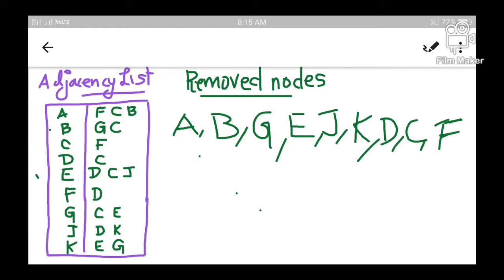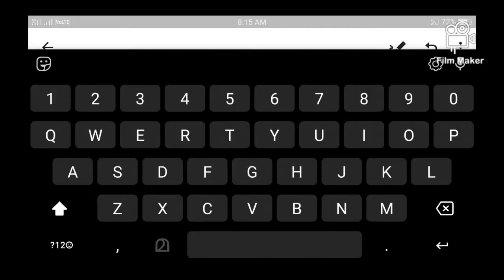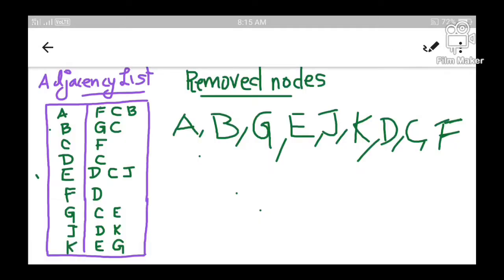Continue this process until all the nodes from the stack have been removed. Remember, when you try to add the adjacent nodes onto the stack, a node which has already been pushed onto the stack need not be selected again. You can insert a node into the stack only once. Continue this process until the stack becomes empty.